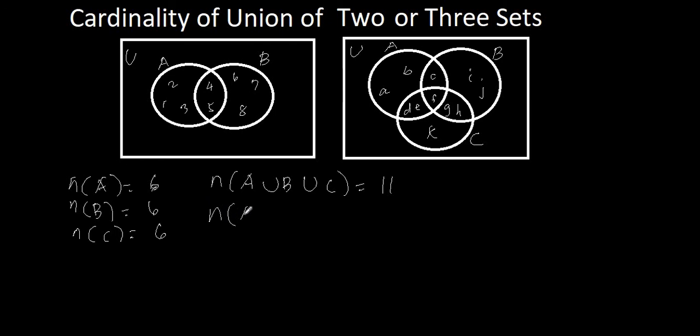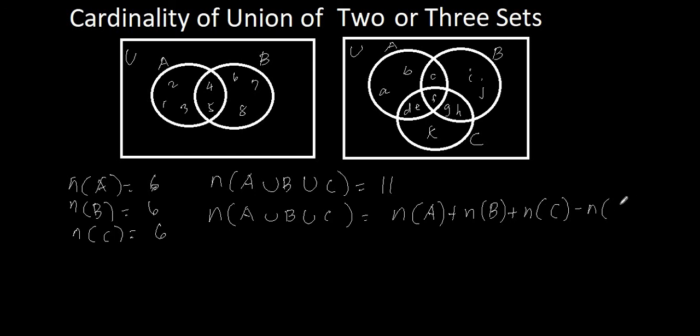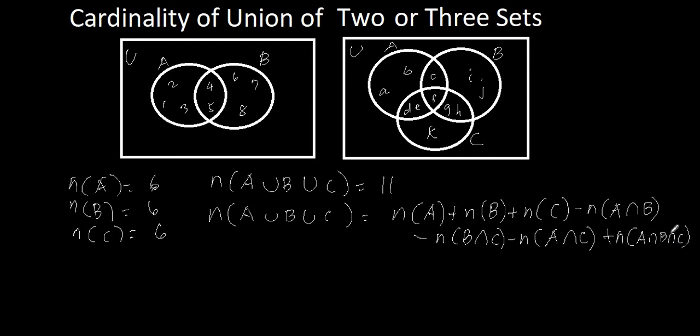Cardinality of A union B union C is equal to the cardinality of set A plus the cardinality of set B plus the cardinality of set C minus cardinality of A intersection B minus cardinality of B intersection C minus the cardinality of A intersection C plus the cardinality of A intersection B intersection C.